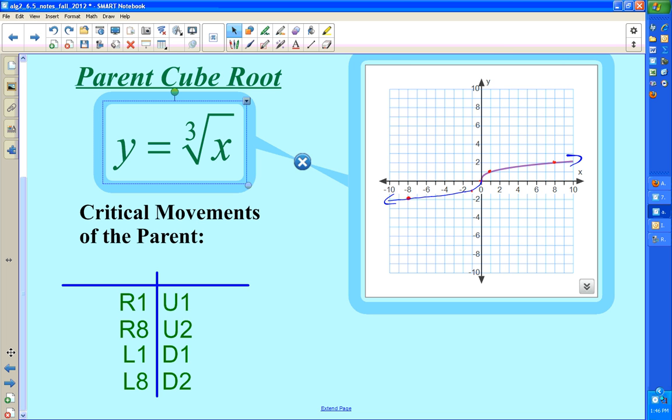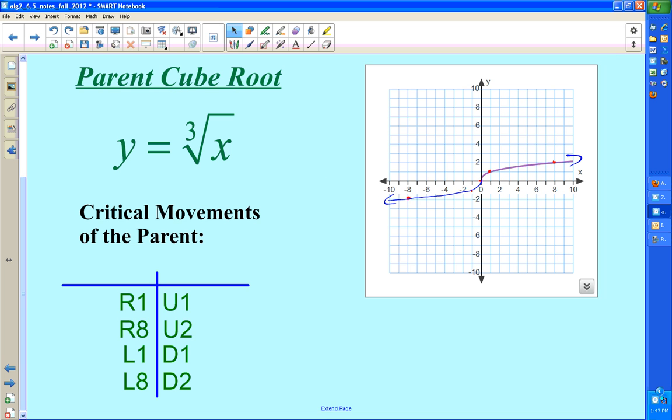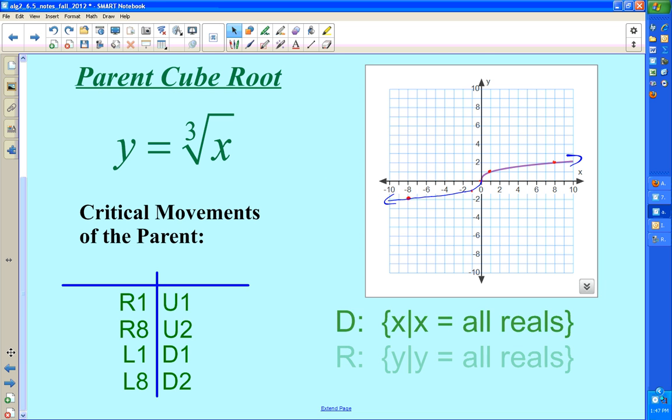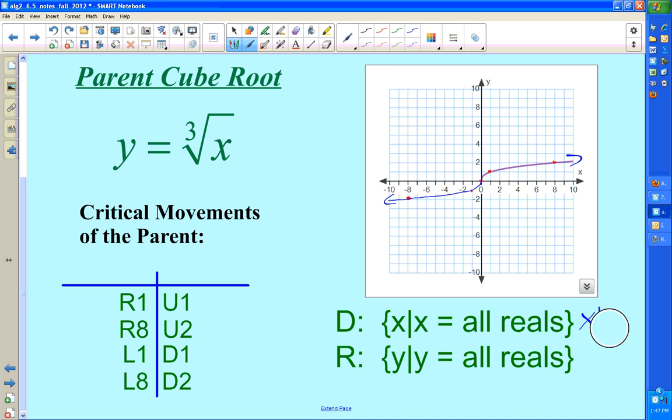If you have an index that is odd, what's the next thing I'm going to tell you? The range is all reals. So domain and range, if the index is odd, are going to be all reals.